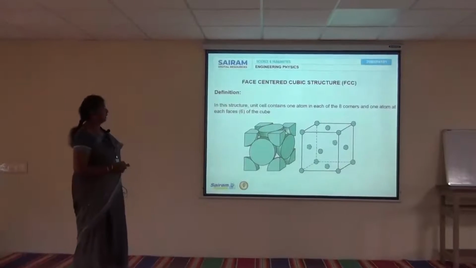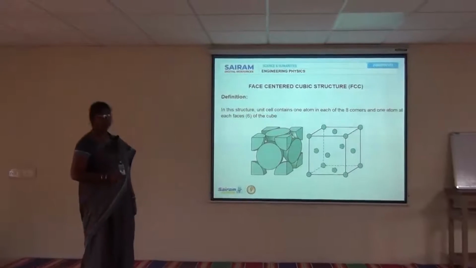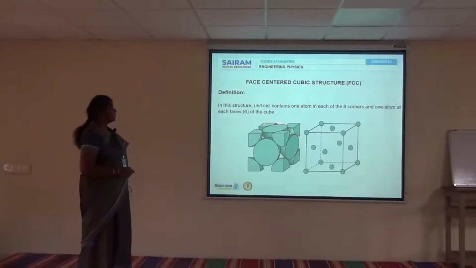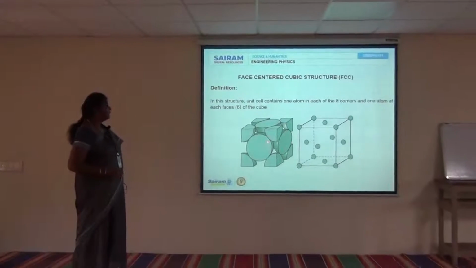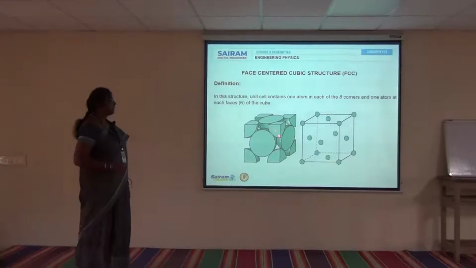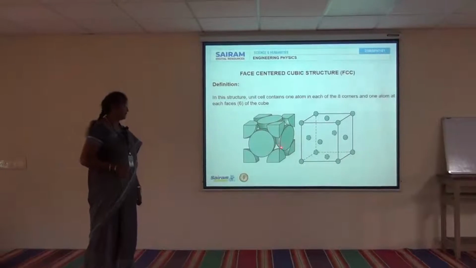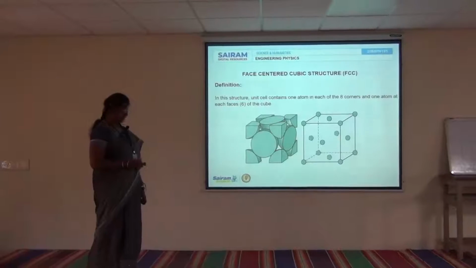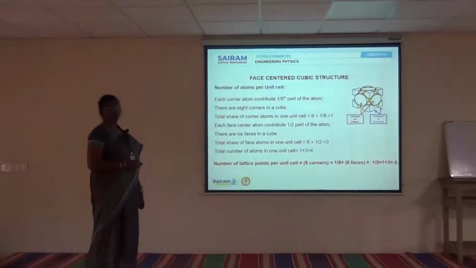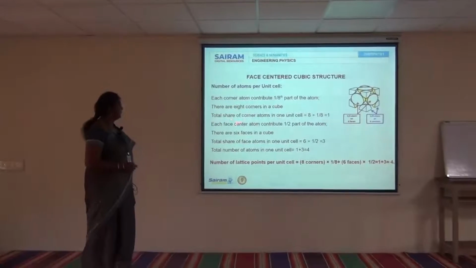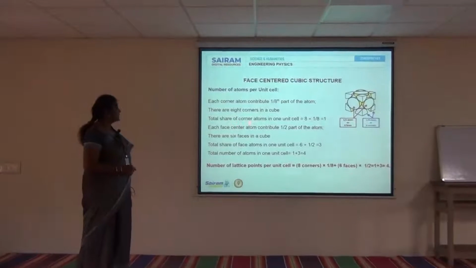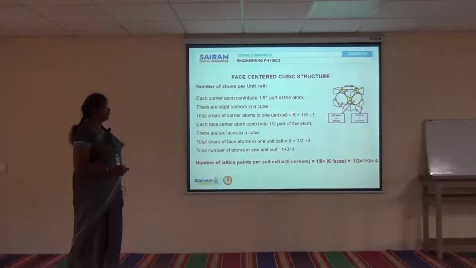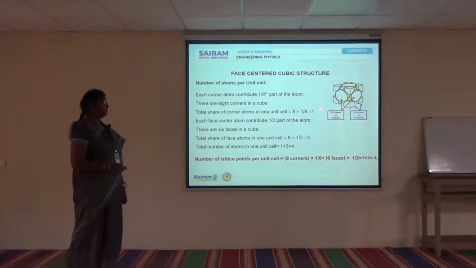And the final structure I am going to discuss is the face-centered cubic structure. In this face-centered cubic structure, in addition to the 8 corner atoms, there is 1 atom in each of the 6 faces of the unit cell. That is FCC. Simply we call it FCC. And next, the number of atoms per unit cell calculation. We have already discussed that the contribution of a corner atom is 1 by 8, and there are 8 corner atoms, so the contribution is 1.